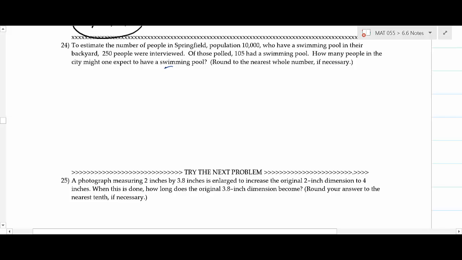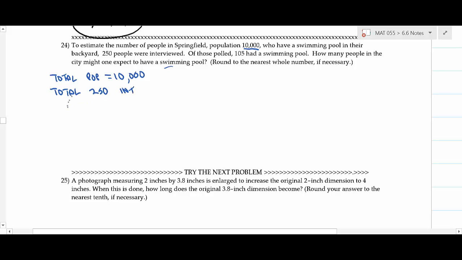A lot of times that says to me I've got a proportion of some sort going on. So let's write down a couple of things. The total population is 10,000. Then it says we have a total of 250 who were interviewed.